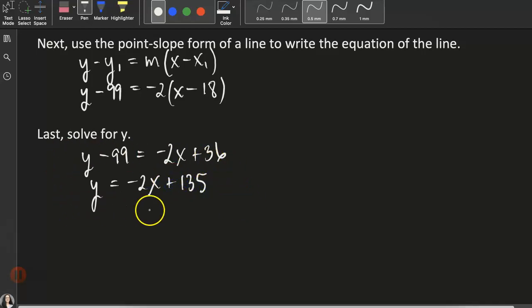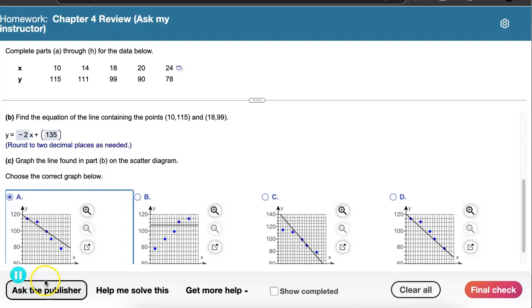So at this stage now, my equation for the line that goes through the 2 given points is y equals -2x plus 135. Notice that it just asks for the parameters here, just the slope and the y-intercept. They've already got the structure of that equation already set up.